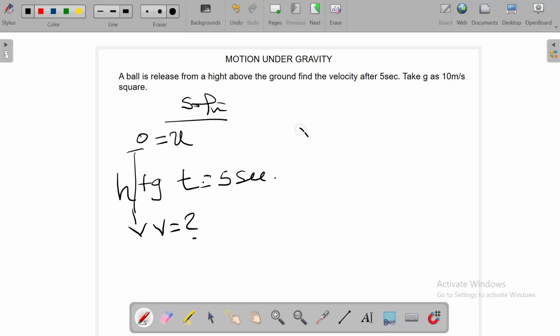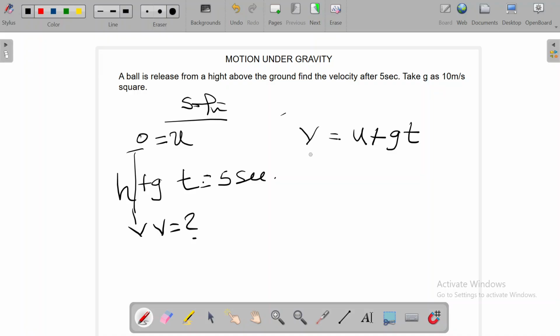So if I should say v is equal to u, should I take it as positive or negative? Since it is falling downwards, I will take it as positive, then gt. The question says find velocity, so I'm looking for the final velocity, coming downwards.